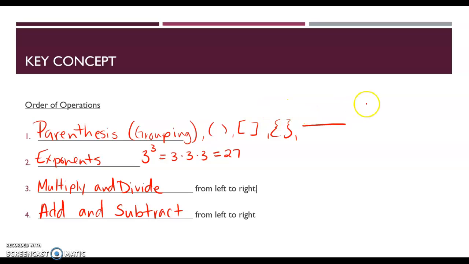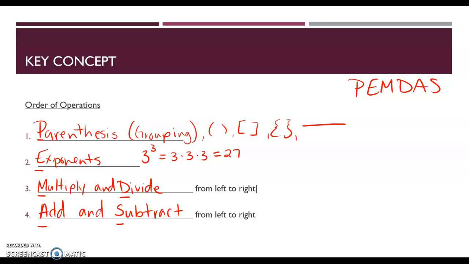You may also hear this called PEMDAS, and sometimes I will refer to it as PEMDAS, and that's just the first letter of each operation, right? Parentheses, exponents, multiply, divide, add, subtract. And so if you hear the term PEMDAS, it's just representing order of operations.